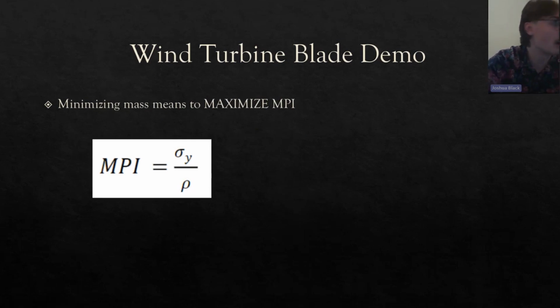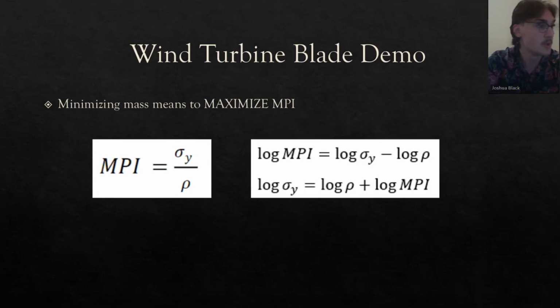So from there, on all Ashby charts, they use a log scale on the X and the Y axes. So if we wanted to make this a linear term, we would take the log of both sides, rearrange, and now we are able to plot this as a log chart. So we have the log of the yield strength on the left-hand side, the log of the density on the right-hand side, along with the log of the MPI.